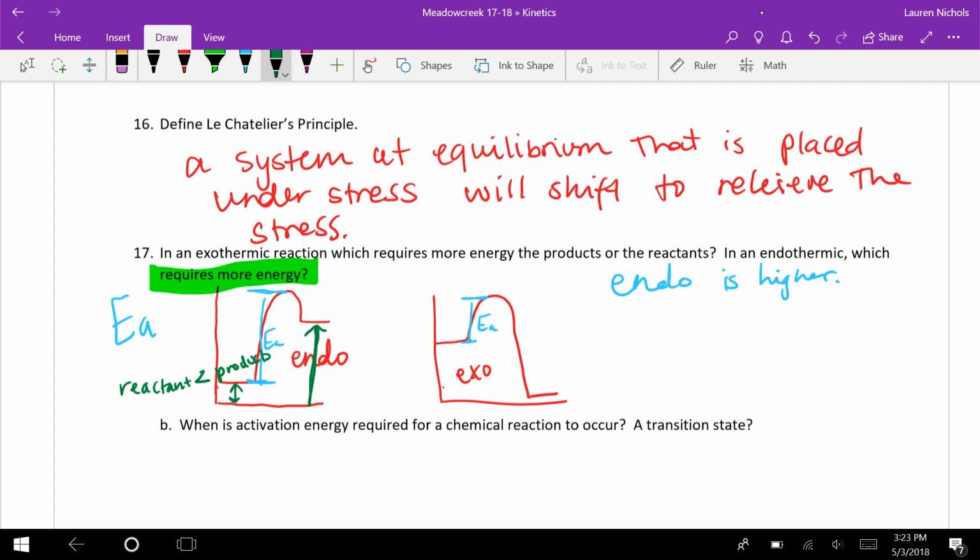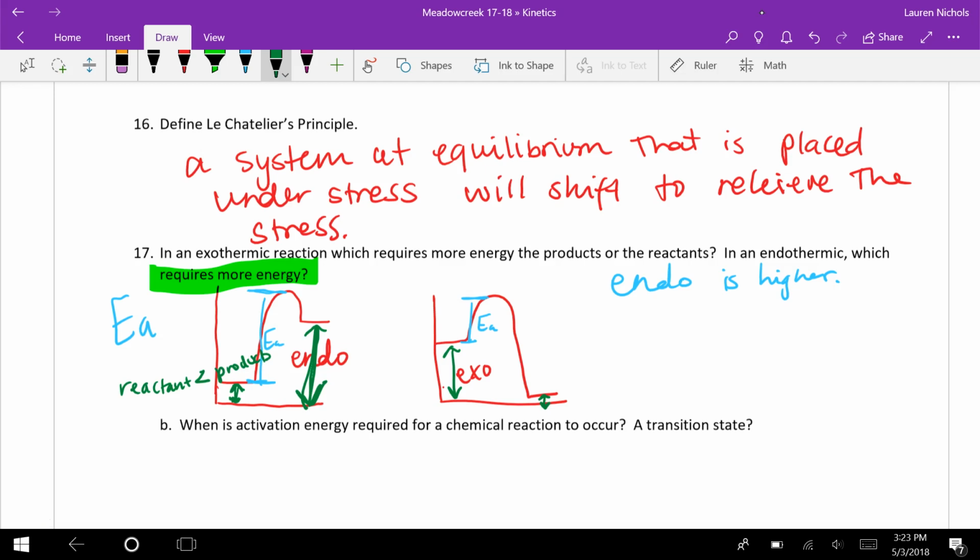The products are this big green arrow, the reactants are this little one. Whereas for an exothermic graph, the reactants have more potential energy than the products.